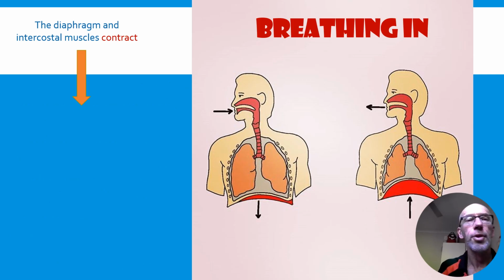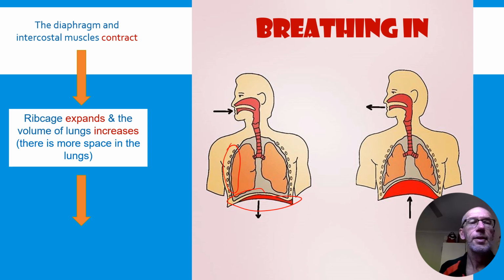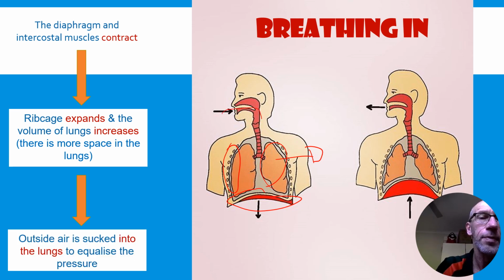So when we breathe in, the diaphragm and the intercostal muscles contract, and as a result of that, our rib cage moves up and out, and the volume of our lungs expands. There's more room in there, and that reduces the air pressure, which is kind of a bad thing. So therefore, we need to breathe in to get more air into the lungs to equalize that pressure.